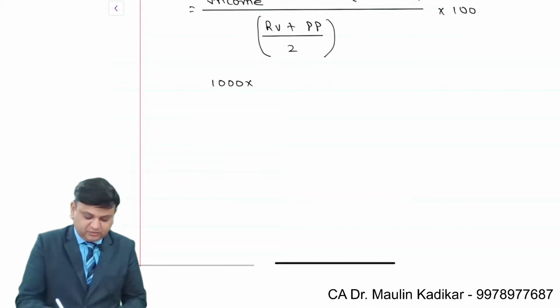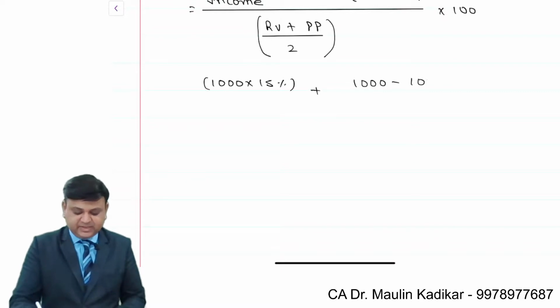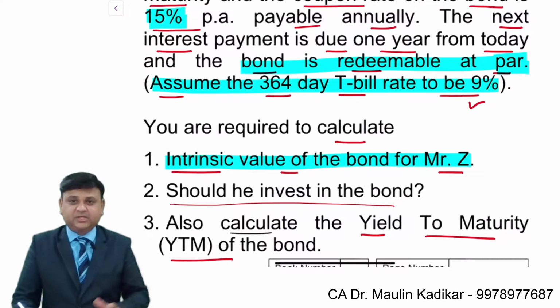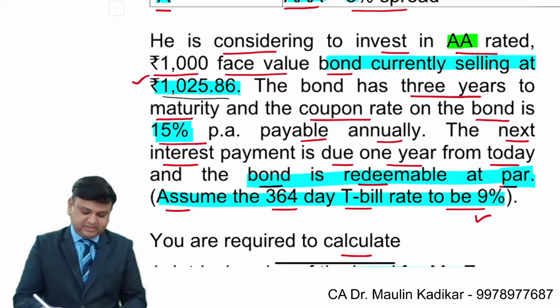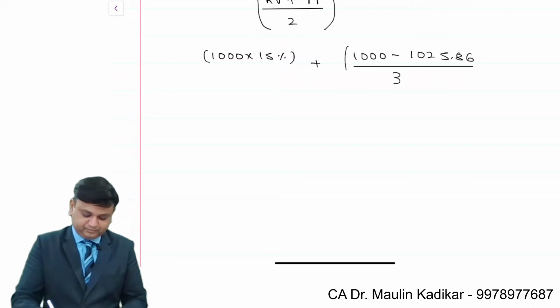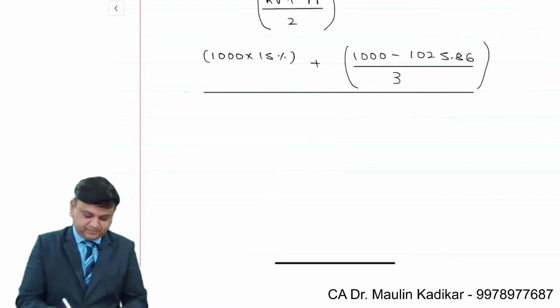So it is 1000 rupees into 15%, that is 150 rupees is the income. Redemption value is 1000 minus the purchase price, 1025.86. Dear students, we are required to take into account the price given to us in the question for the calculation, that is 1025.86, divided by the number of years, that is 3, whole divided by average.